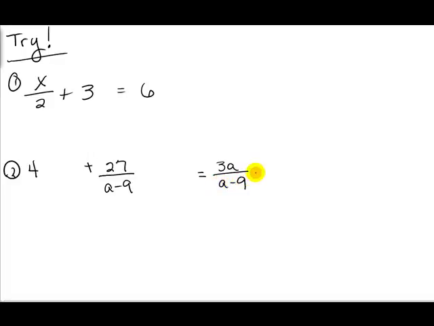Now these aren't going to be too hard. The LCD is very clear in both of these. In the first one, our LCD will be 2. And the second one, it will be a minus 9. And so you'll want to go ahead and do those. Let me give you another one where the LCD is going to be a little bit more complicated.